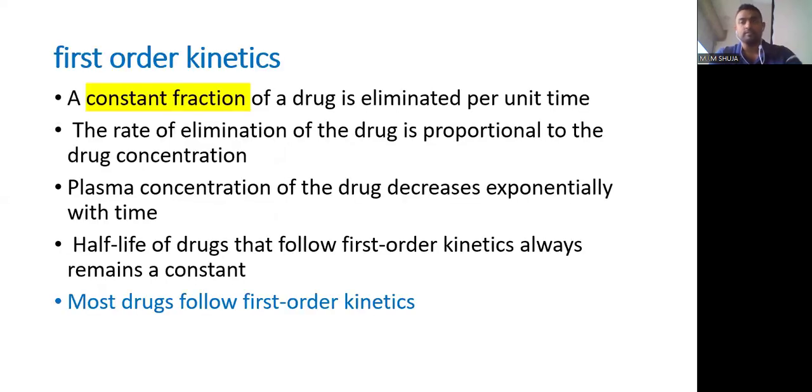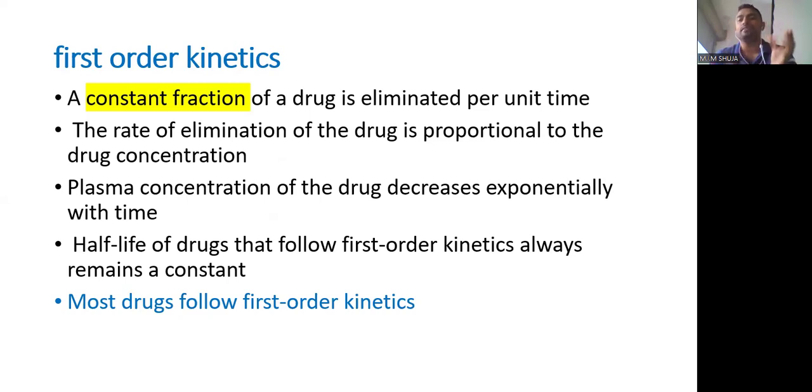Know this equation. And now I am going to teach you a very important but easy concept, first order kinetics and zero order kinetics. First and zero order kinetics are the ways drugs get eliminated from your body. In first order kinetics, a constant fraction of a drug is eliminated per unit time. Constant fraction, what is that?